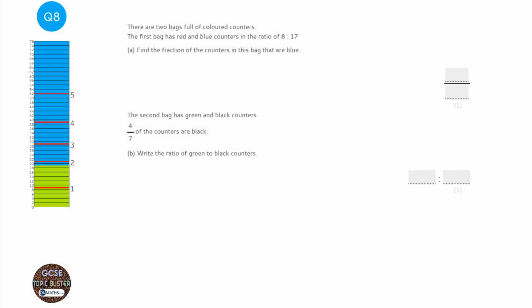It's important that we're comfortable with converting between ratios and fractions. So having a look at this question, there's red on the first one is 8, and blue is 17. So for every 8 red, there are 17 blue. And it's asked us for the fraction that are blue. So there are 17 blue.